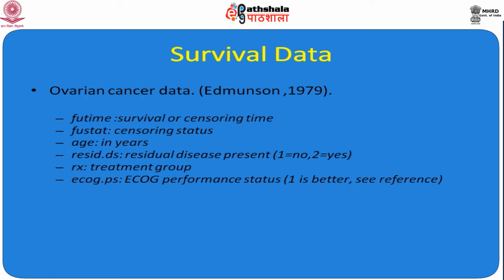Here we are coding it as two groups. And the last variable in this study is ECOG.PS, that is the performance score of those patients, and it is referred that patients having a lower ECOG value have better performance, and a value near 1 means good performance of those patients.